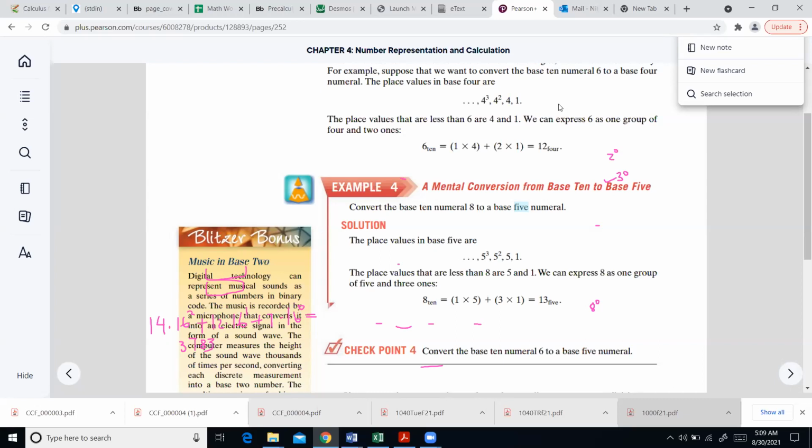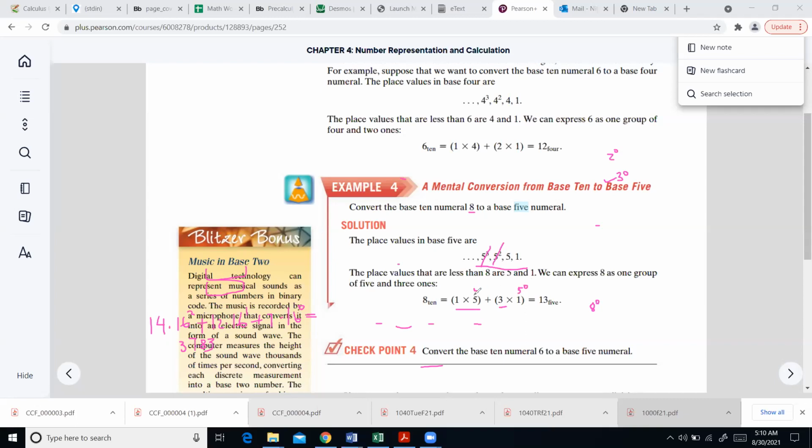We also did that on the last quiz as well, remember? So going backwards means I need to write this number with powers of 5. And I see that the closest to 8 will be not 5 squared, not 5 cubed, because that's very large, right? It's already 25 or 125, so we go 5. So if we rewrite it as 1 times 5 plus the remaining is 3 multiplied by 5 to the power of 0, right?